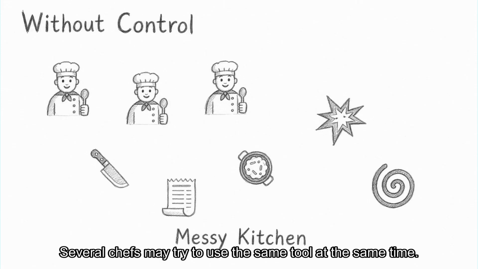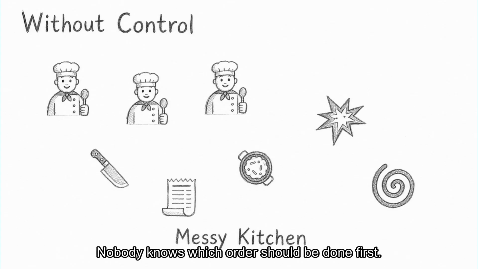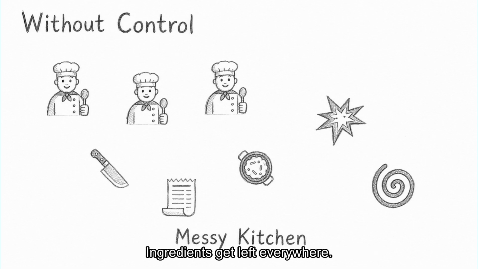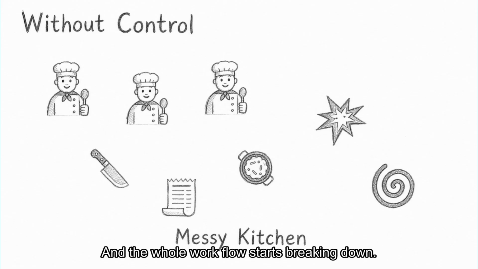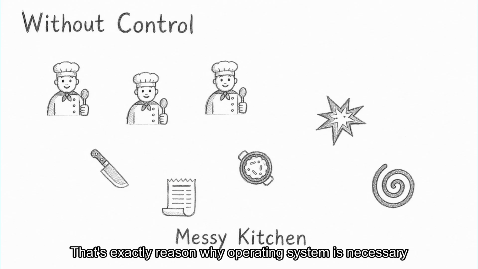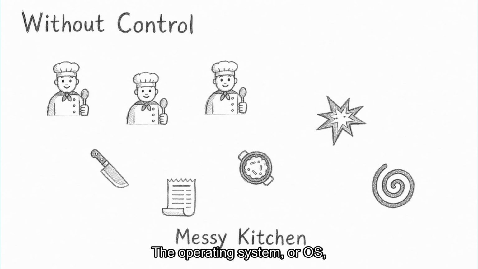Several chefs may try to use the same tool at the same time. Nobody knows which order should be done first. Ingredients get left everywhere. The order of work gets messy, and the whole workflow starts breaking down. That's exactly the reason why the operating system is necessary. The operating system, OS, is like the kitchen manager who keeps the whole place organized.